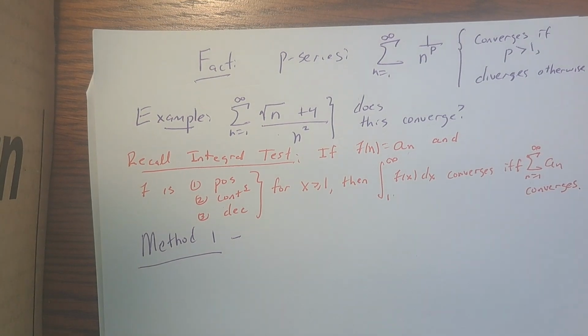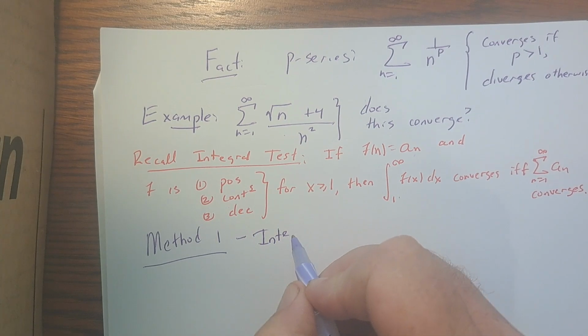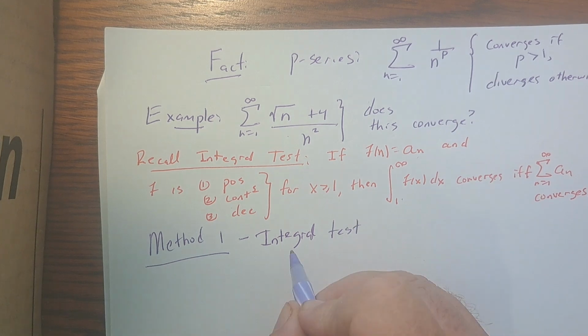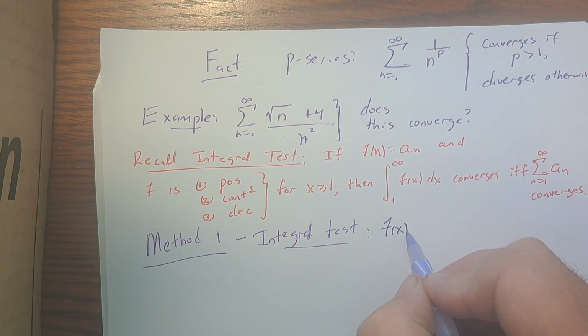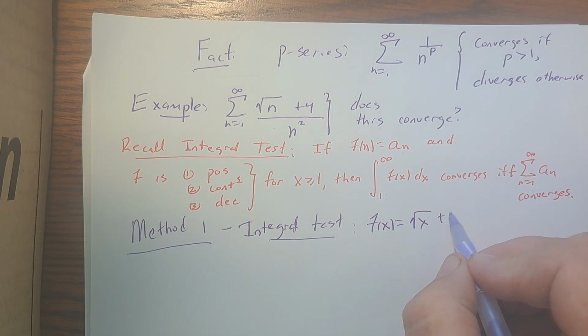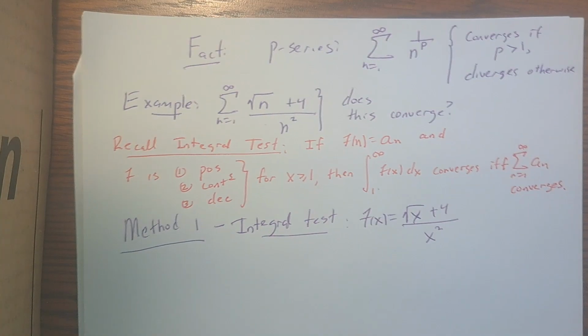So this one we're going to do with the integral test. The function you make up is easy to decide. It's just going to have the same expression as the terms in the series, so in this case, square root of x plus 4 all over x squared.